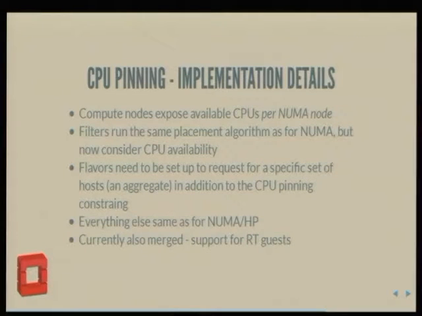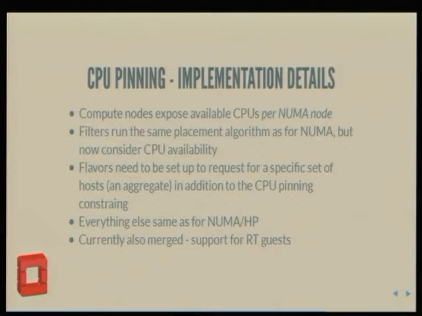This stuff is exposed and tracked by Nova. Placement decisions are made. The placement algorithm currently is not super smart. It basically finds the first best fit, I think. It tries to be a little bit smart, so it will try to utilize the CPUs of different NUMA nodes equally, but it doesn't do it in any kind of globally optimal way.